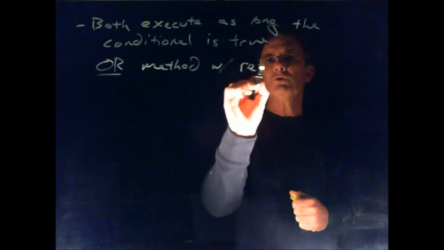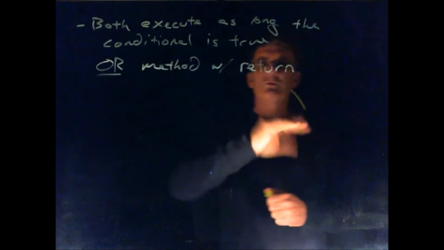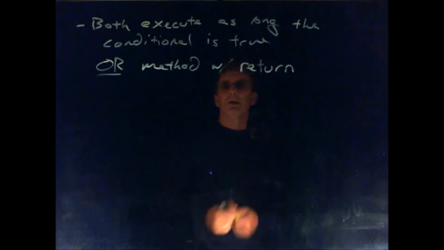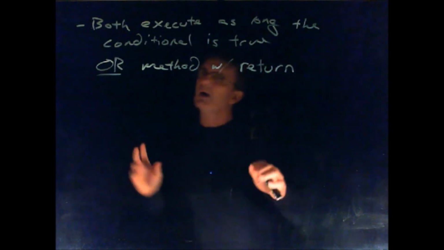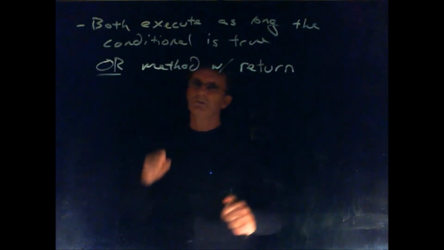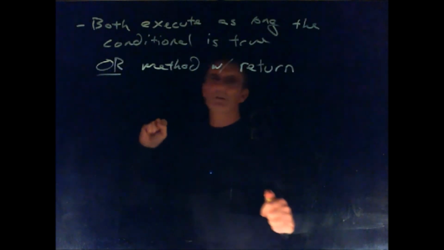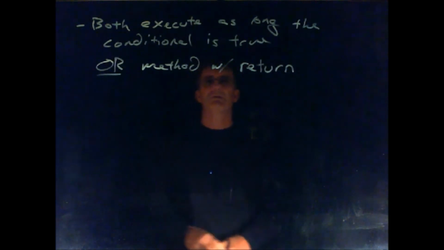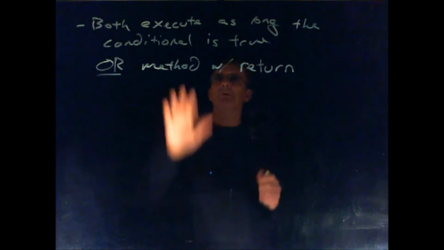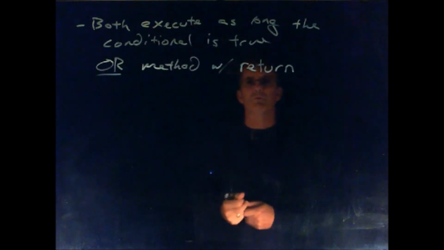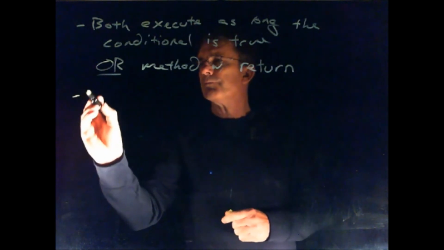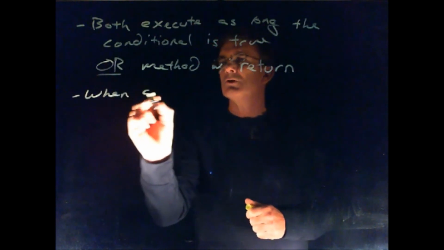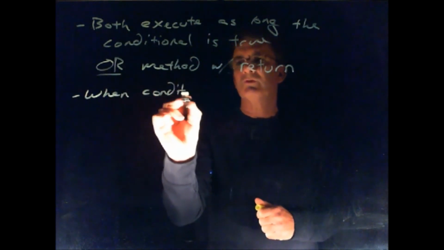You could have a return statement inside the loop, which is perfectly fine. As soon as that return statement executes, the loop stops executing, and the entire method stops executing. But usually the conditional must be true. When the conditional is false, the loop does not execute.